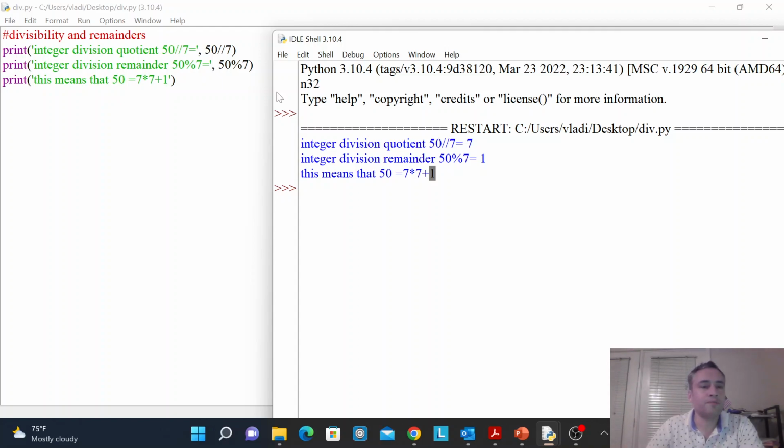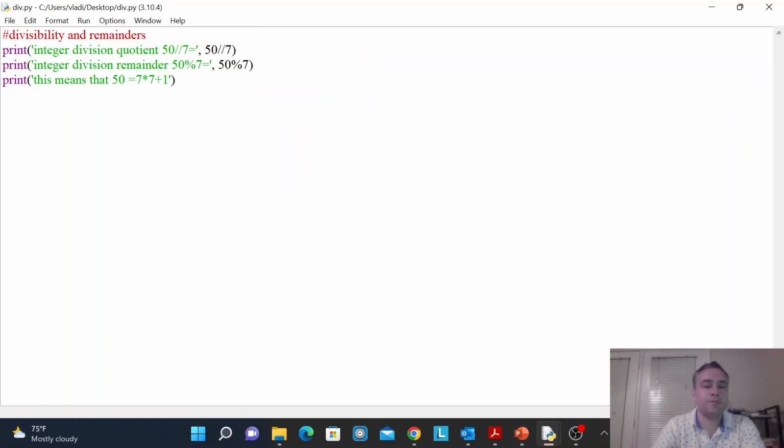Now, second thing, divisibility. I want to check if the number is divisible by 5.